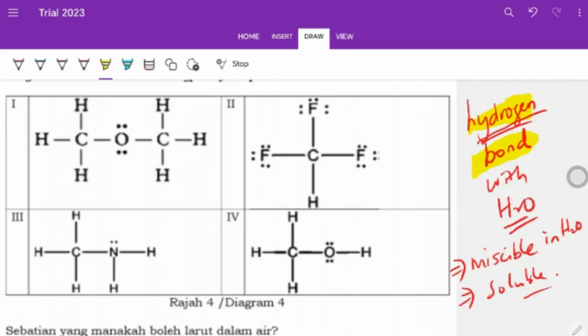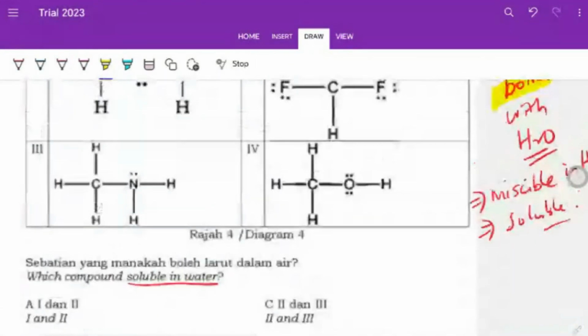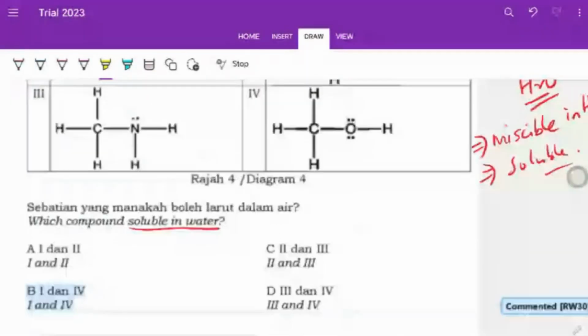Mana satu? Is it 3 and 4? 3 and 4. Why? Why, class? Why 3 and 4?